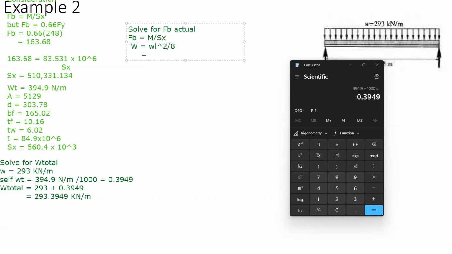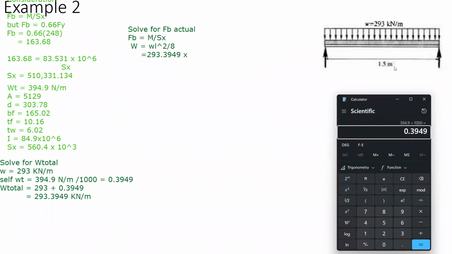Our W total is 293.3949. Our length is 1.5 meters. Quantity squared divided by 8.